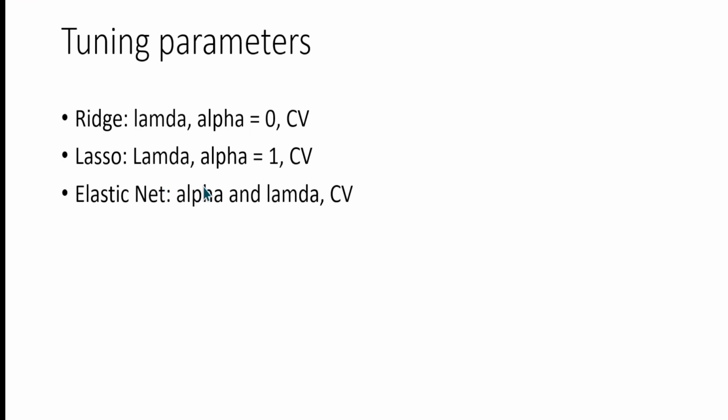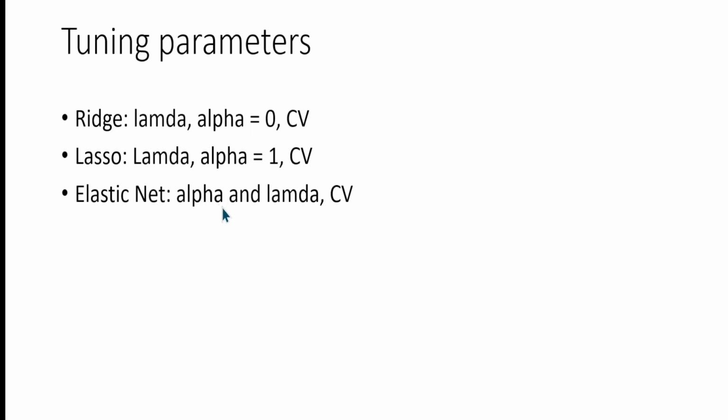Your model will be anything between ridge and lasso. When your alpha value is, let's say, 0.5, that means it's in the middle of ridge and lasso, taking half from the ridge side and half from the lasso side.